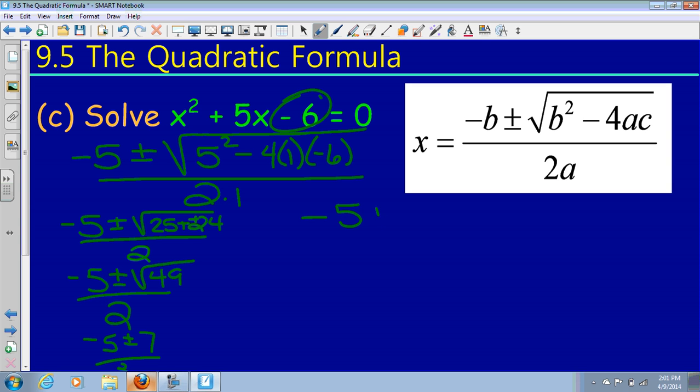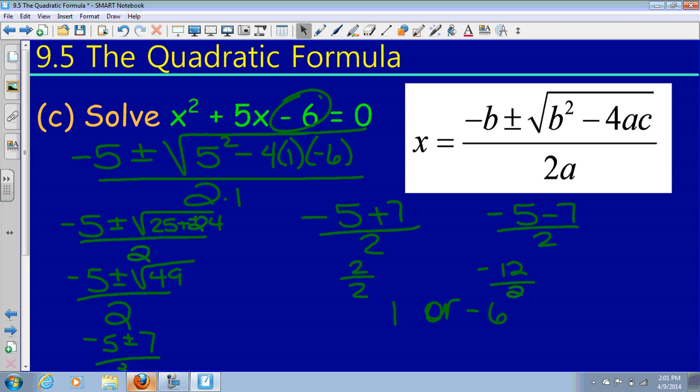Negative 5 plus 7 divided by 2, negative 5 minus 7 divided by 2. Negative 5 plus 7 is 2 divided by 2. Negative 5 minus 7, negative 12 divided by 2. 2 divided by 2 is 1, or negative 12 divided by 2 is negative 6.